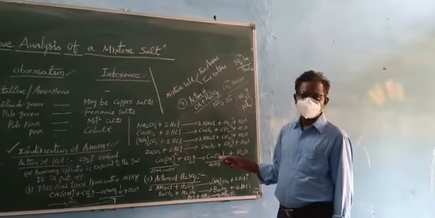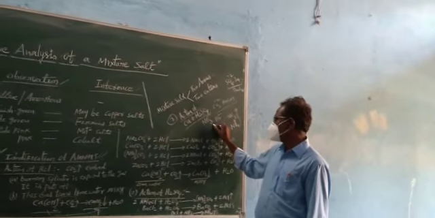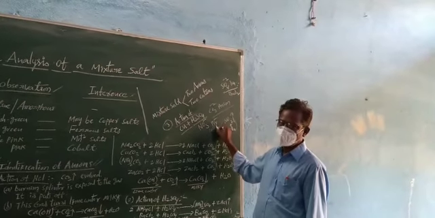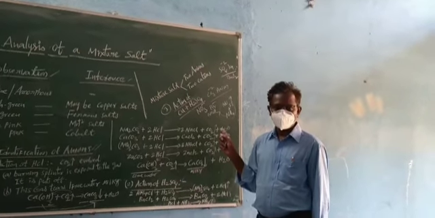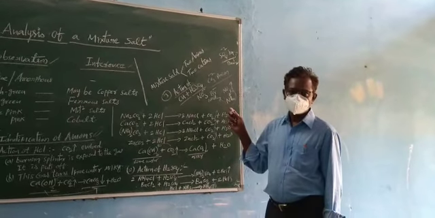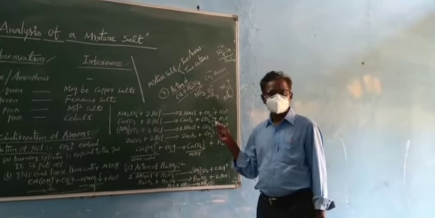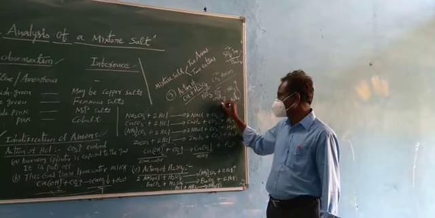For the identification of this ammonium ion, the major tests are: one is the test with sodium hydroxide, the general identification of ammonium ion by adding NaOH to the given mixture salt solution. The second one is the action of Nessler's reagent.